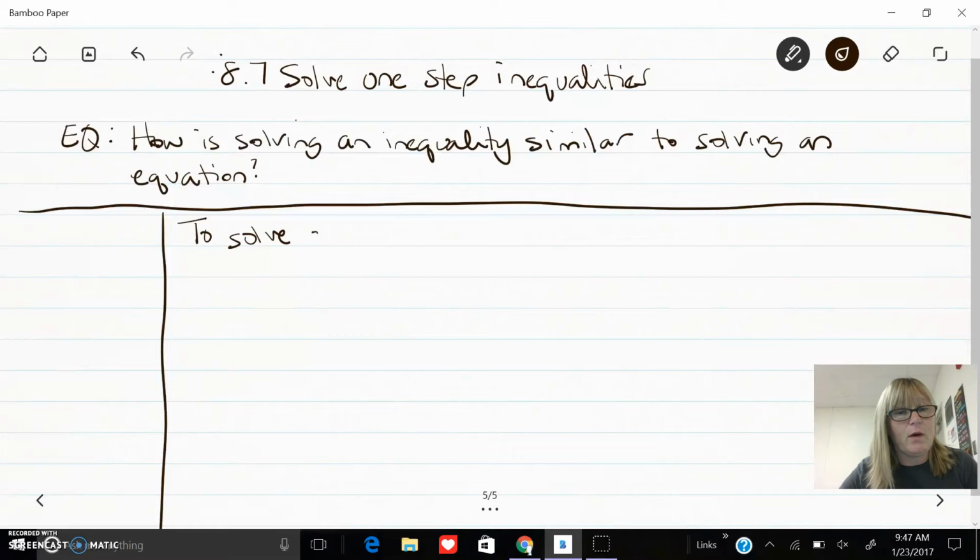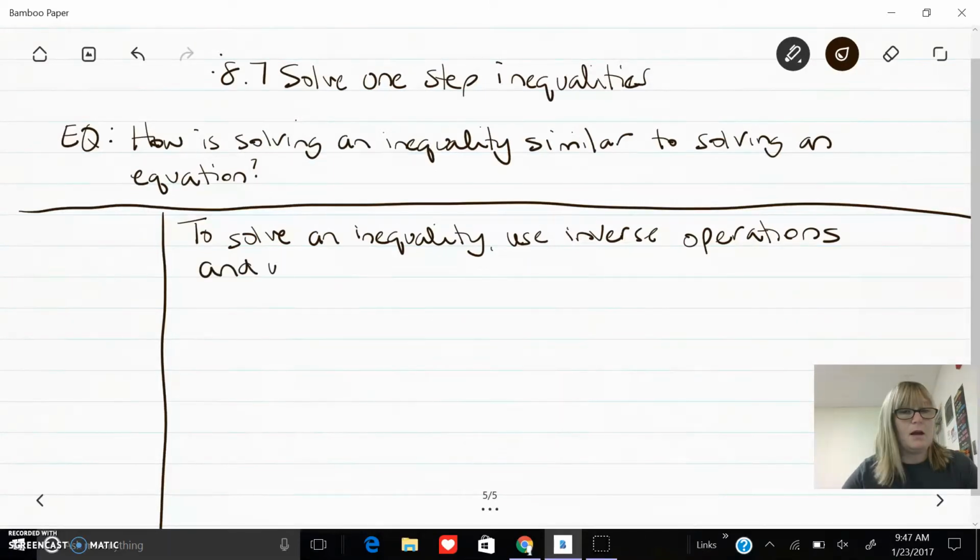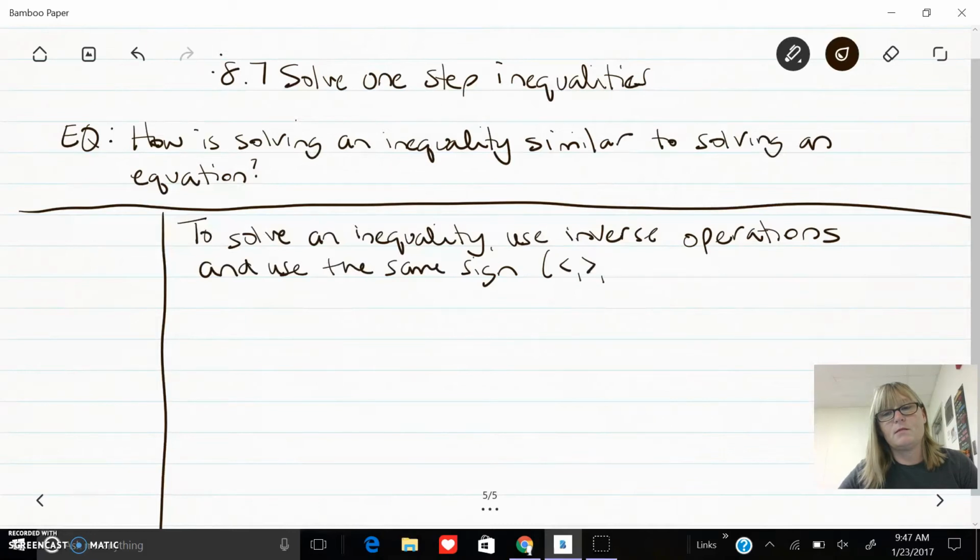Okay, to solve an inequality, use inverse. Oh, we've seen that several times. We're going to use inverse operations and use the same sign, like greater than, less than, equal to.